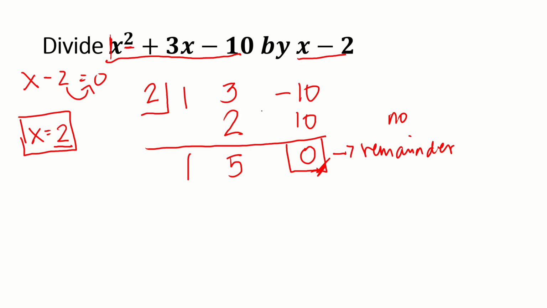Now, ano yung gagawin natin doon sa 1 at sa 5? Now, tandaan natin na ang nagiging quotient natin is 1 less than the exponent ng original na dividend. So, kung nagsimula tayo with x squared, ano yung kasunod ng x squared? Diba x? So, therefore, yung unang-unang number, ang magiging coefficient niya ay x.